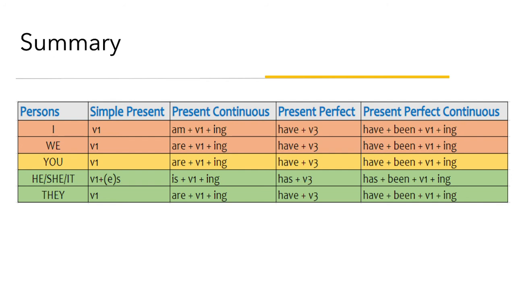So it's just a formula for all the different persons, how we represent each present tense. So you can take a note, pause the video, and write it down, and you can remember this tense in a simple way.